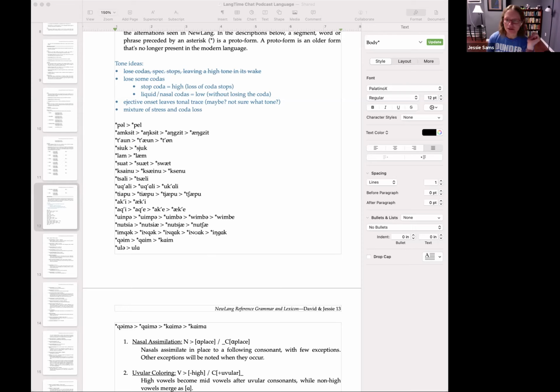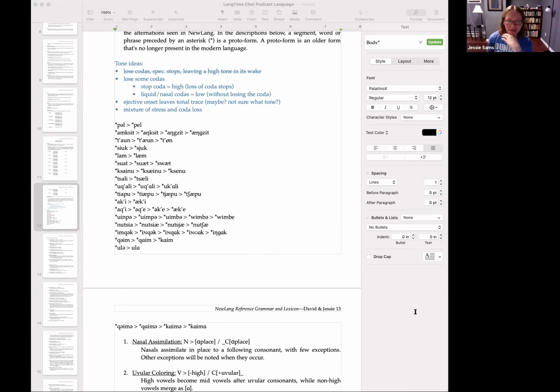Ooh, I think I found it. I think I found what we need. So there's a whole article here on tonogenesis. I'm definitely going to be sharing this as a PDF attachment whenever I post the podcast, because it walks through a lot of different languages. This is for the Oxford Research Encyclopedia of Linguistics.